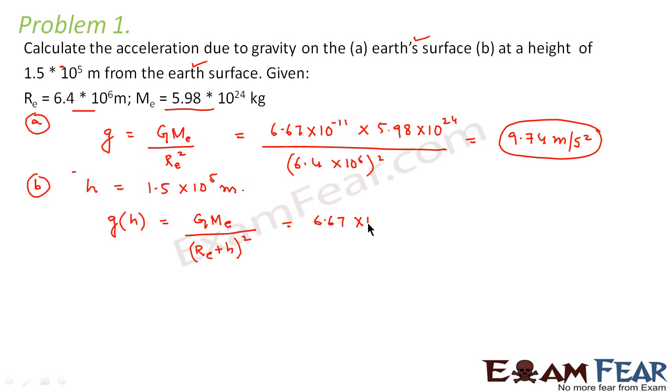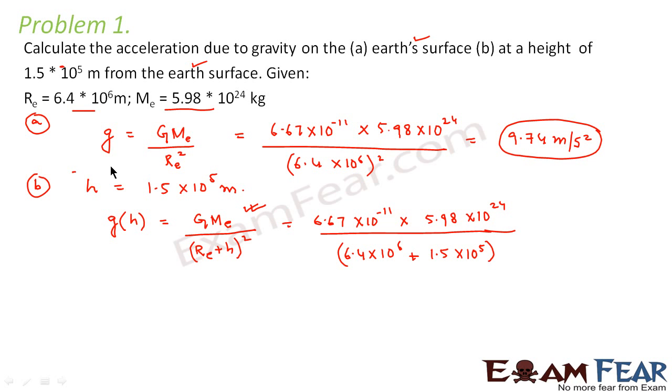It will be 6.67 × 10^-11 into 5.98 × 10^24 divided by (R_e plus h). What is R_e? R_e is 6.4 × 10^6 plus h is 1.5 × 10^5. In this case, you can use both the formulas. Either you can use this and calculate, or you can use g_h equal to g into (1 minus 2h by R_e).